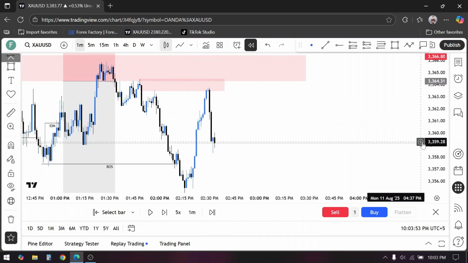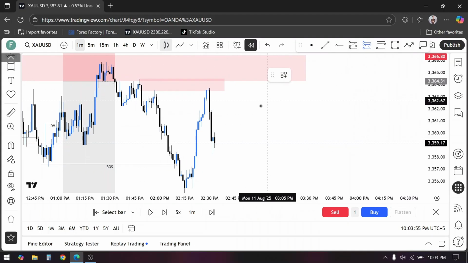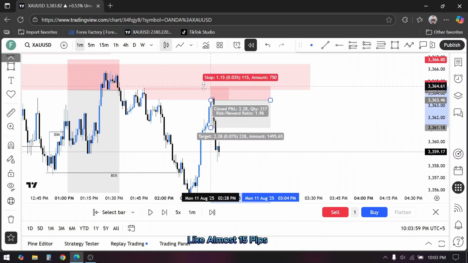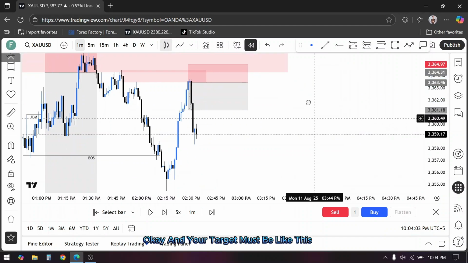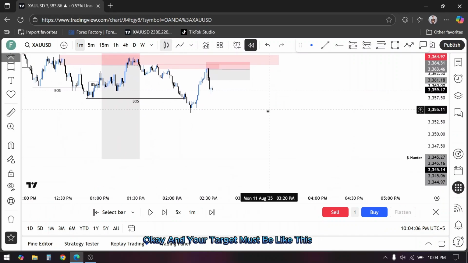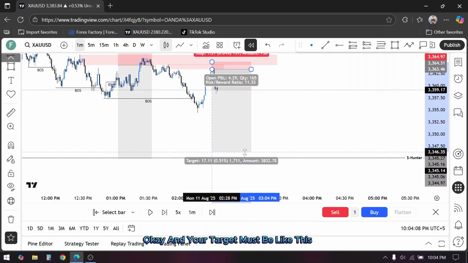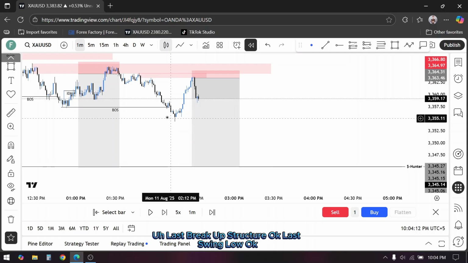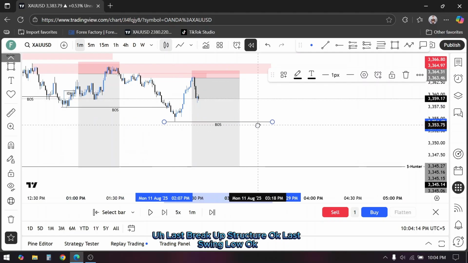Okay, so you can enter short here and your SL small like almost 15 pips. Okay, and your target must be like this, or you can set your target last breakup structure. Okay, last swing low.